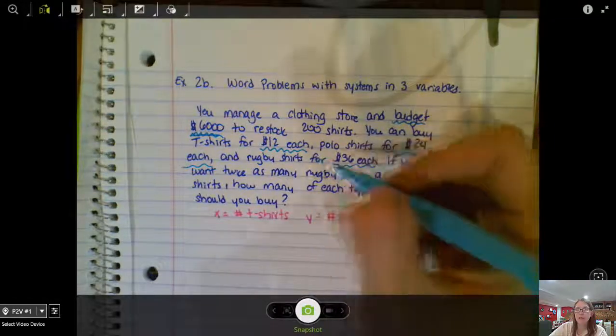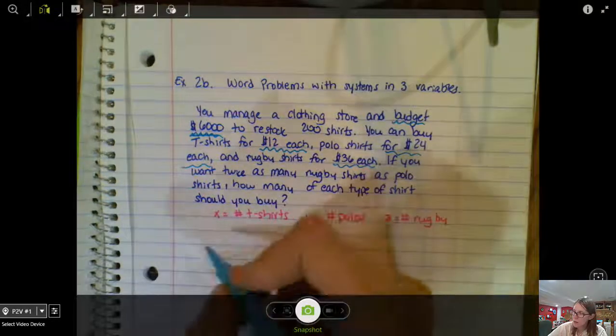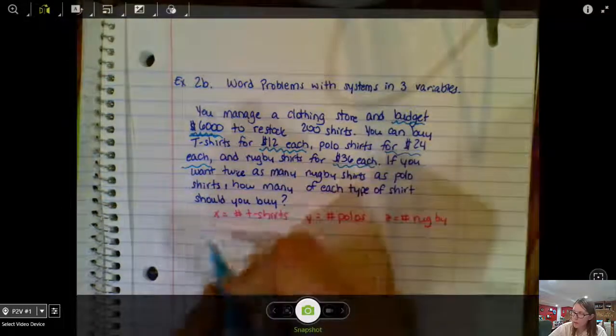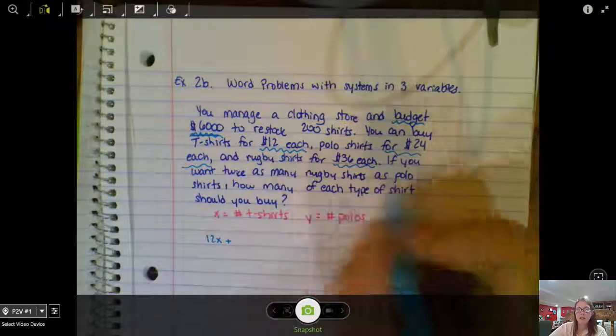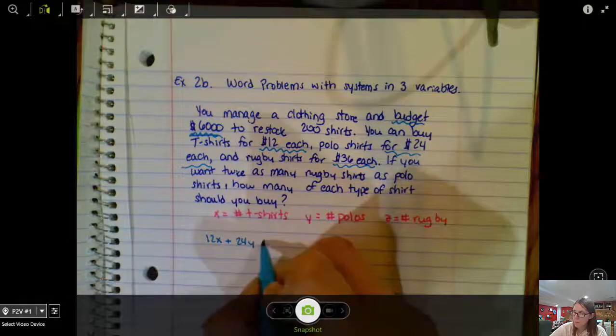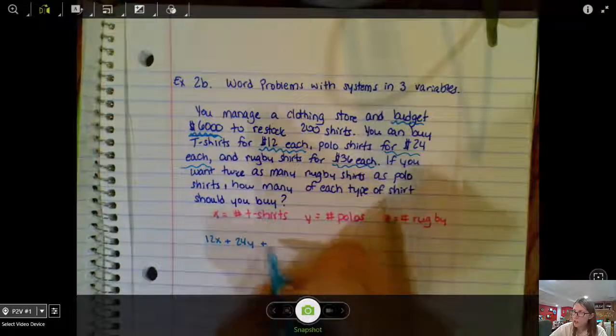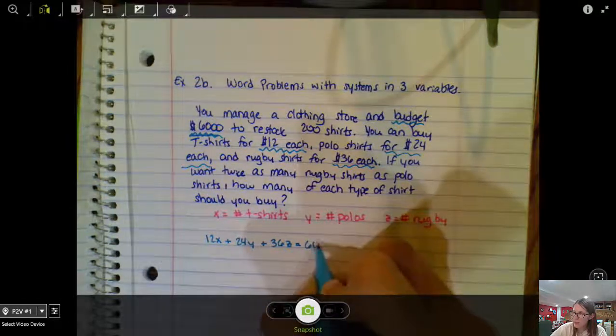Put all of these dollar values together to come up with one equation in our system. So again, t-shirts are $12 each, so that's 12x, plus polos are 24, so 24y, plus rugby shirts are $36, 36z equals our $6,000 budget.